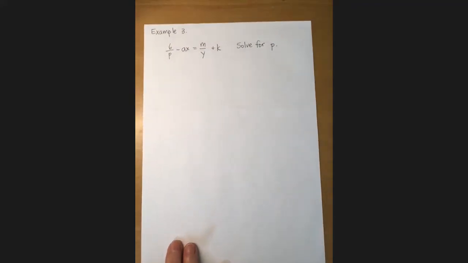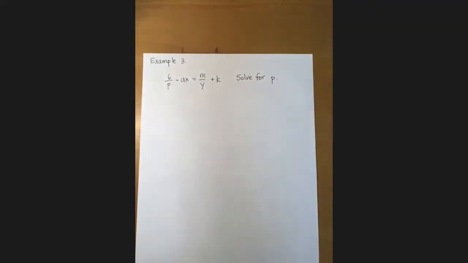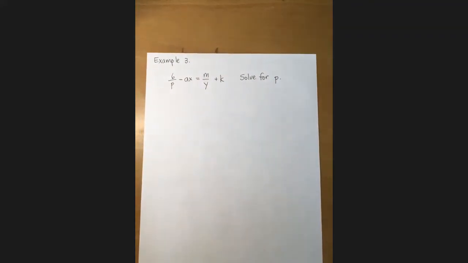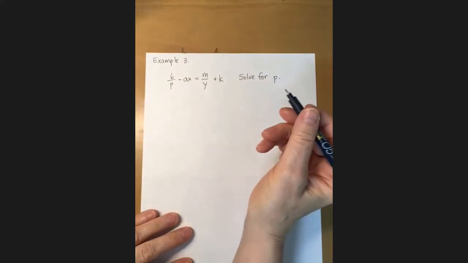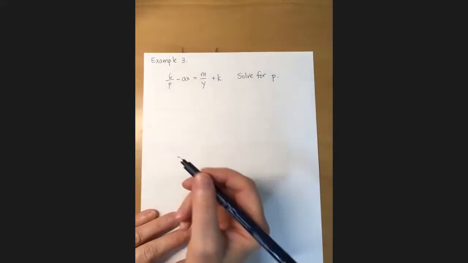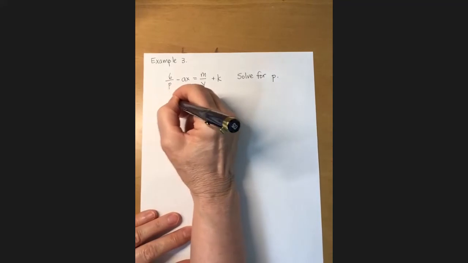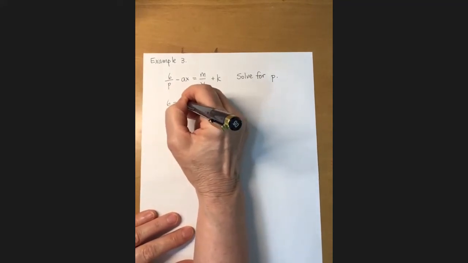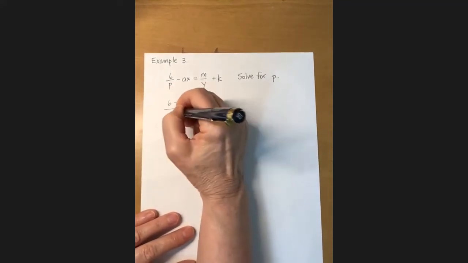All right, let's tackle the last one, number 3. 6 divided by p. There's a number in there for you. 6 divided by p minus ax equals m divided by y plus k. And we are now to solve for p. Start out the same. We've got to have a common denominator, 6 minus pax divided by p.